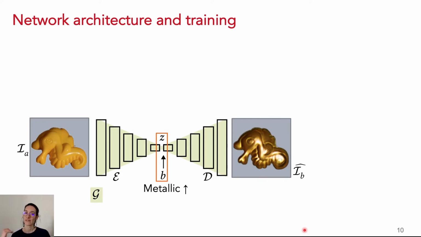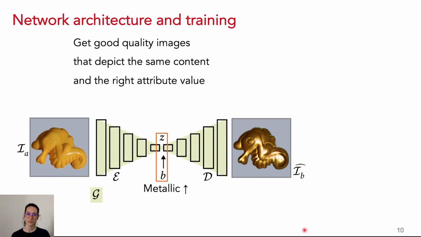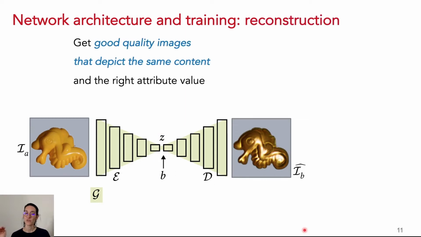Now what are the goals that we'll set to train this network? We want to get some good quality images that depict the same content as the original one, but we also want the output image to depict the right attribute value. So let's first focus on the first two objectives.